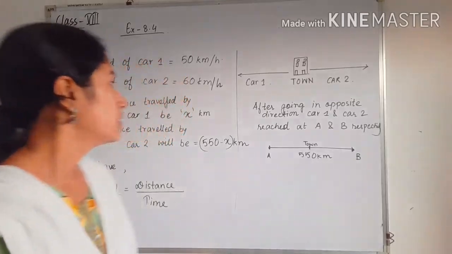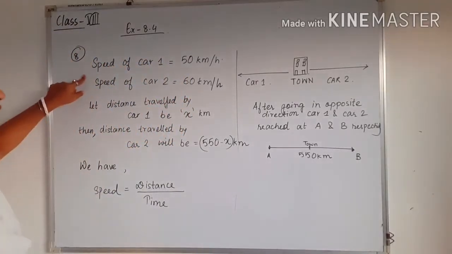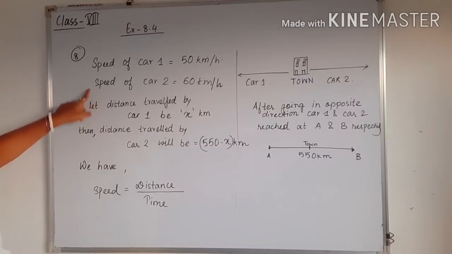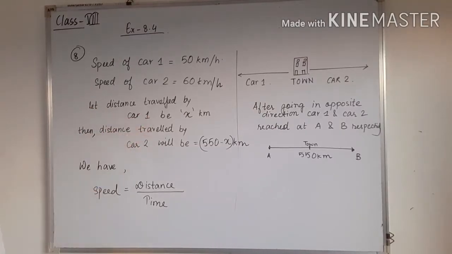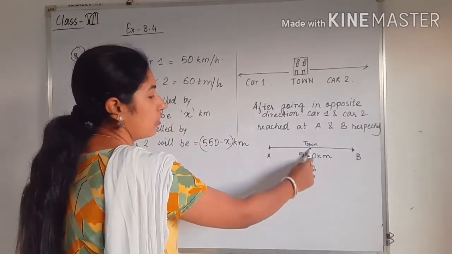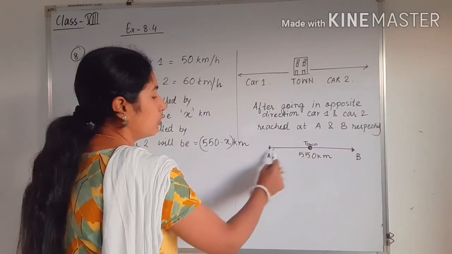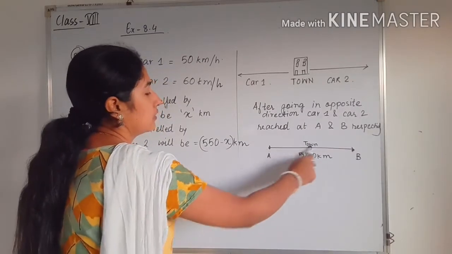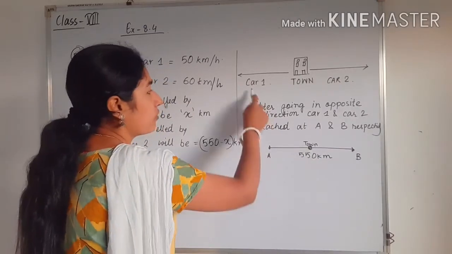First of all, I have written the speed of car 1 and the speed of car 2. Next, let the distance traveled by car 1 be x kilometer. Suppose this is the town, and from this town to this point is the distance traveled by car 1.